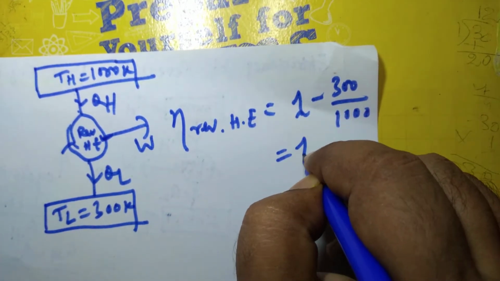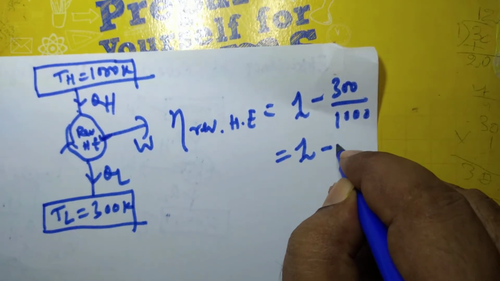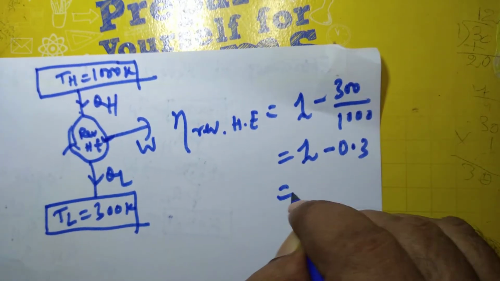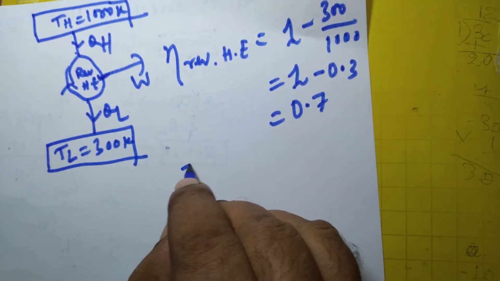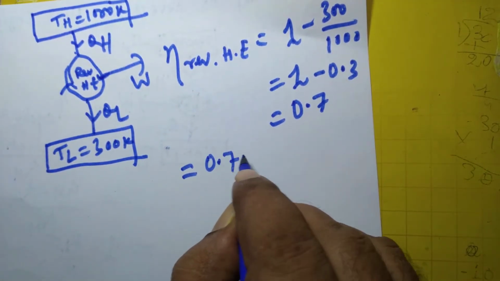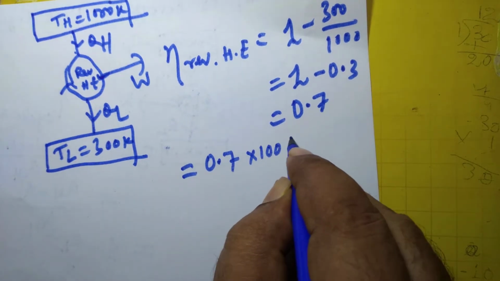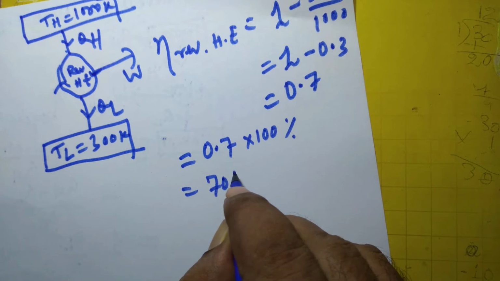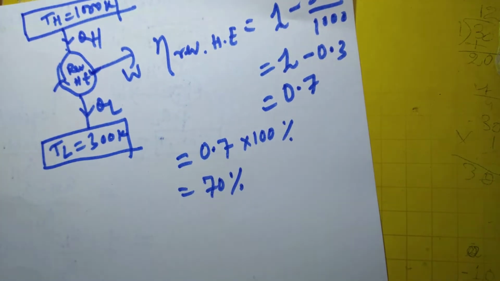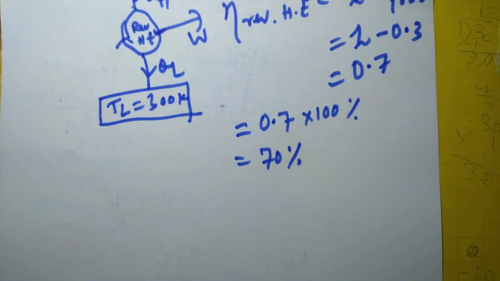That is 1 minus 0.3, it becomes 0.7. And in terms of percentage, it is equal to 70%. So the efficiency of this reversible heat engine, which operates between a source temperature of 1000 Kelvin and a sink temperature of 300 Kelvin, is 70%.